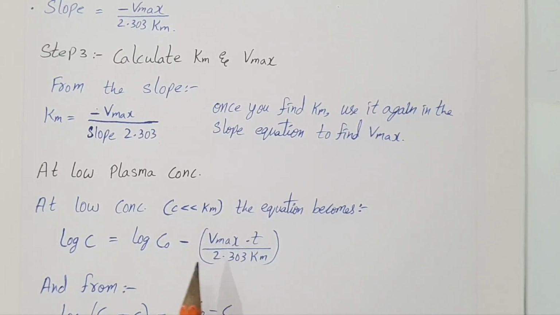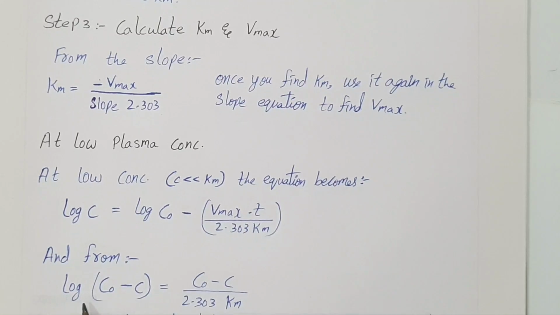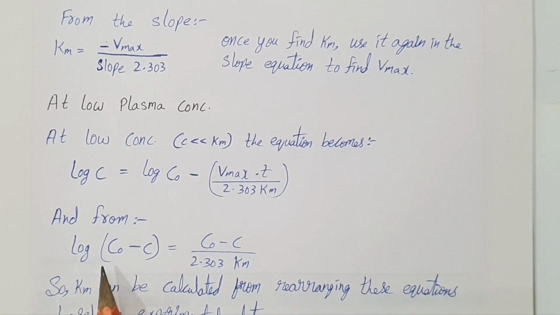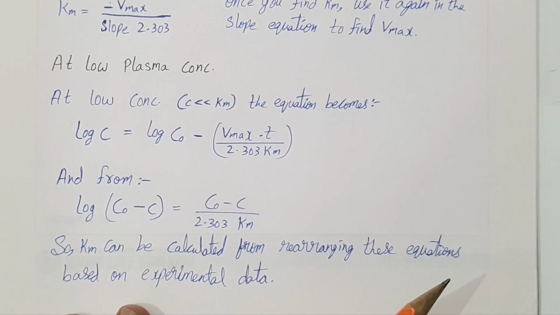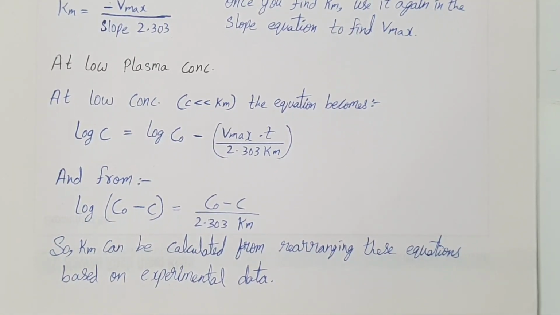We can also use this: C0 minus C divided by 2.303. From this data, Km can be calculated by rearranging the formula based on experimental values.